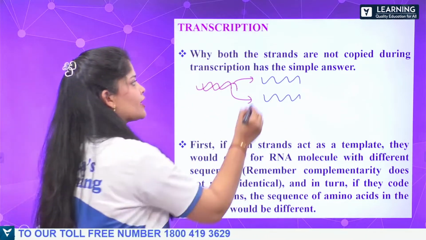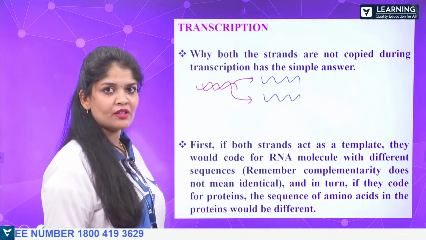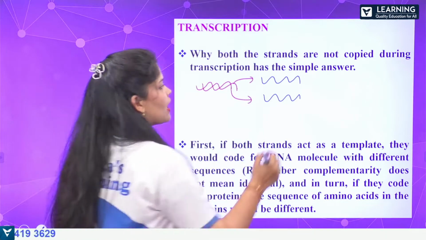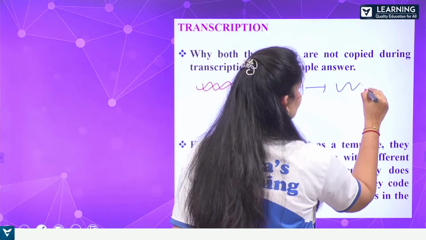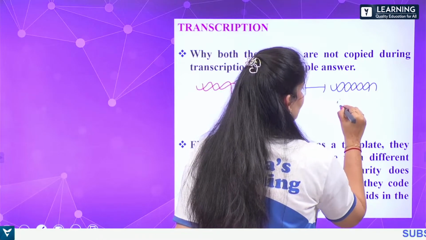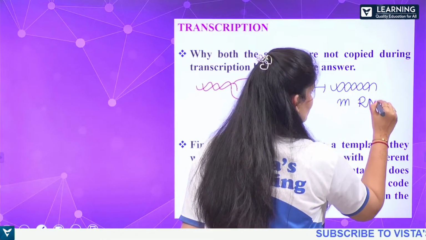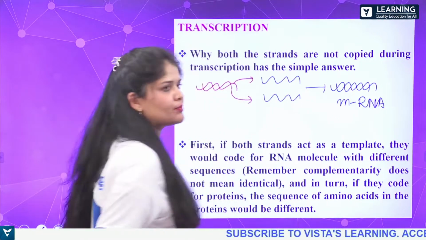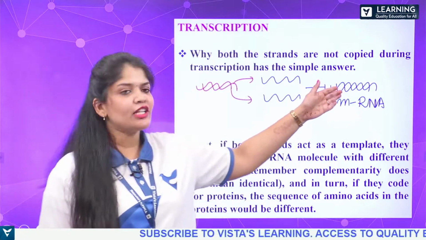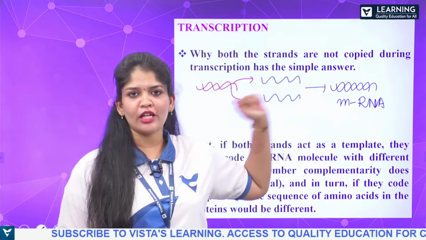So we are going to get two single strands of mRNA which are complementary to each other and they are going to form a double-stranded mRNA, which we don't need at all because it cannot be translated, and thereby there is no production of protein.